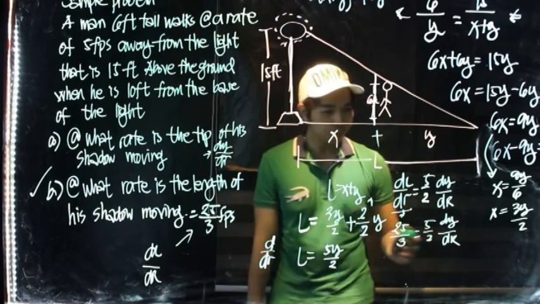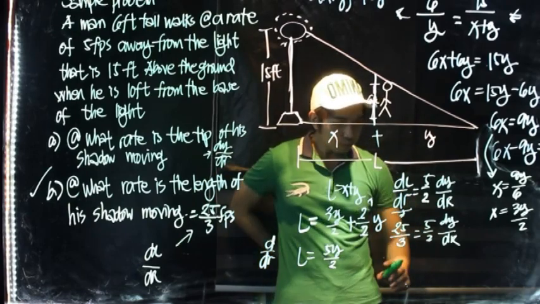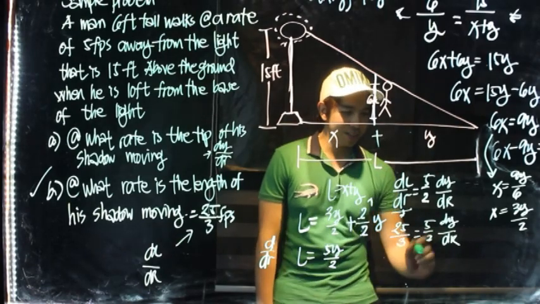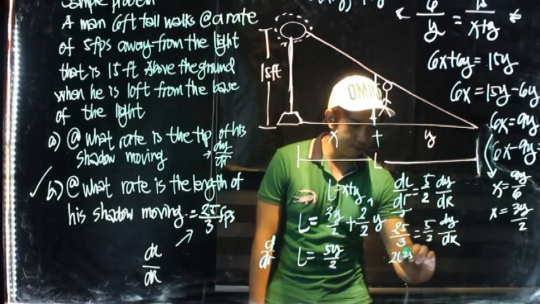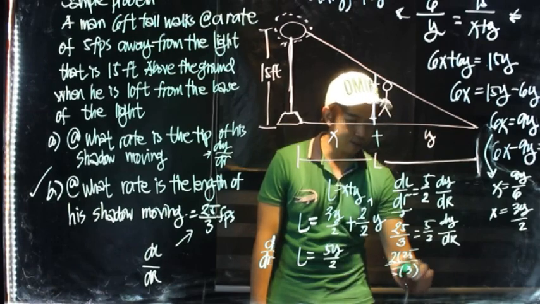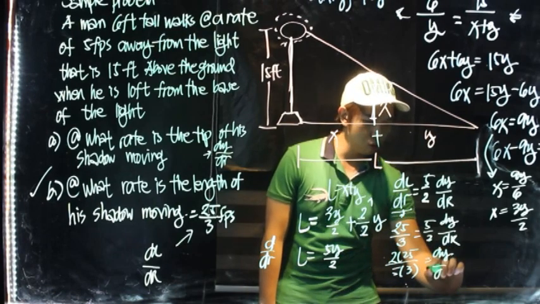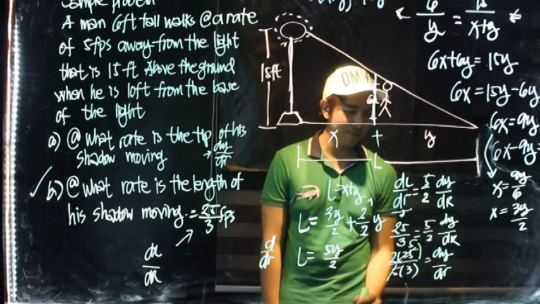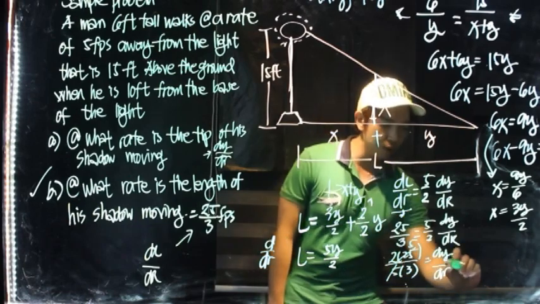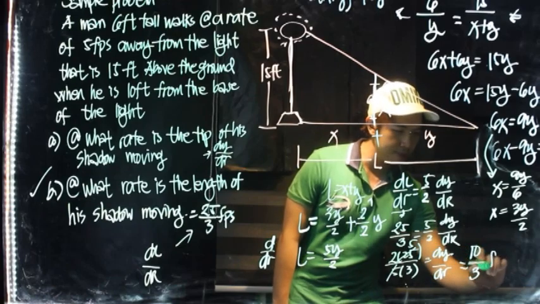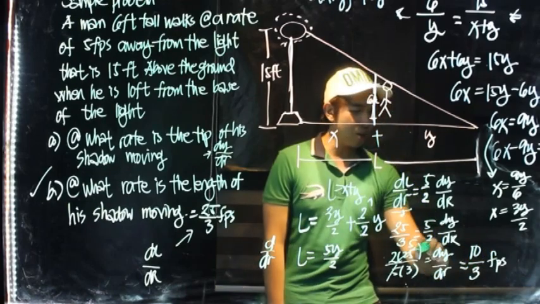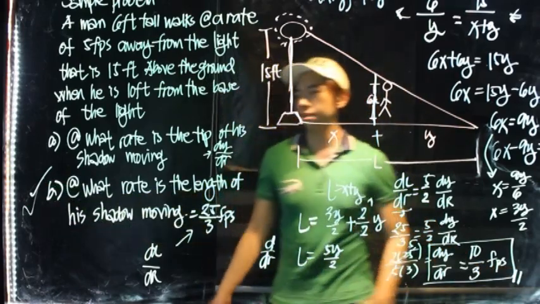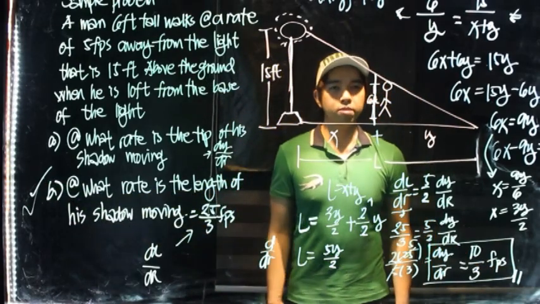Arranging this, 2 times 25 over 5 times 3 is equal to dy over dr. I can cancel out 5 and 25, which leaves me with 5. So 2 times 5 is equal to 10 over 3 foot per second, which is our dy over dr, which also resolves the remaining questions in our problem.